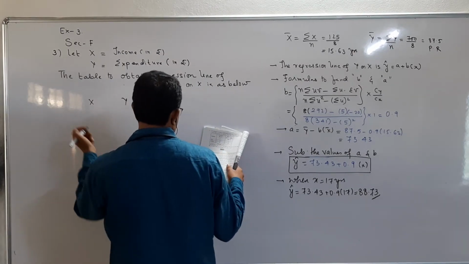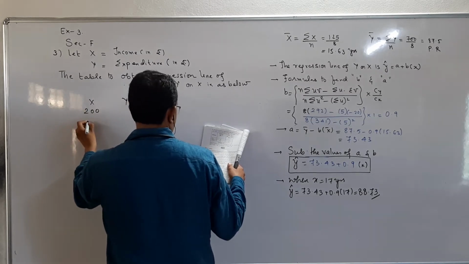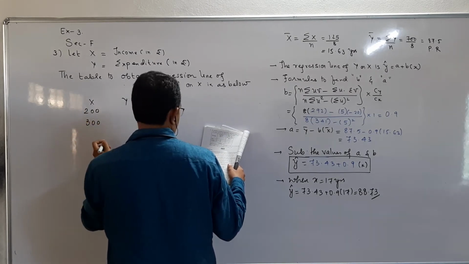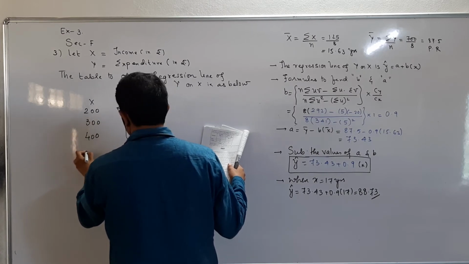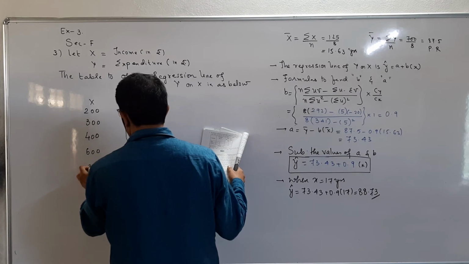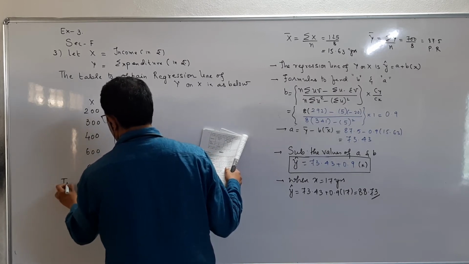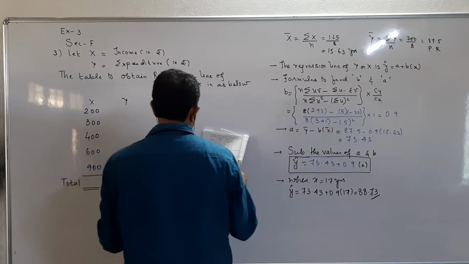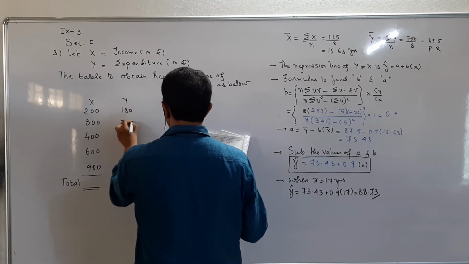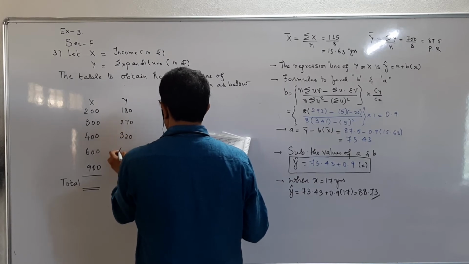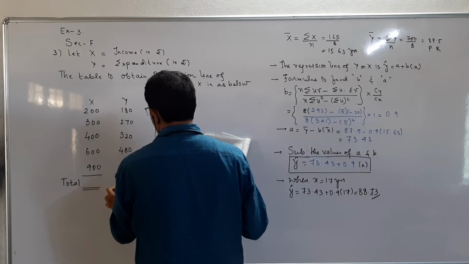Income is x, so 200, 300, 400, 600 and 900. Only 5 values are given students here. And corresponding expenditures are 180, 270, 320, 480 and 700.